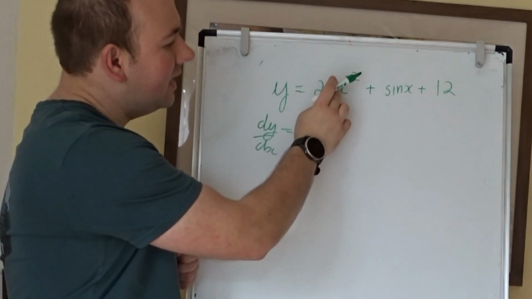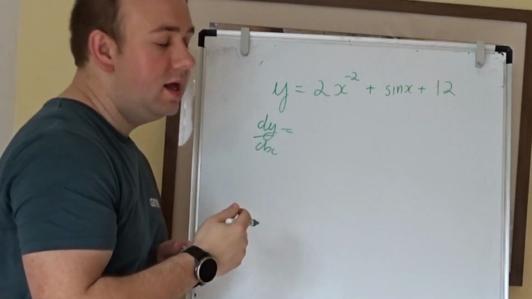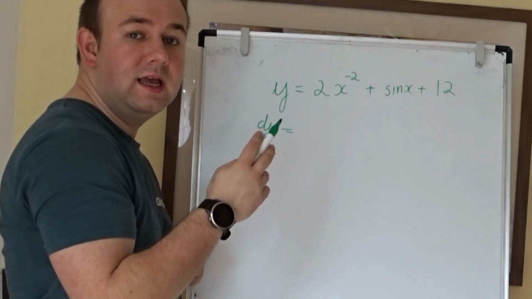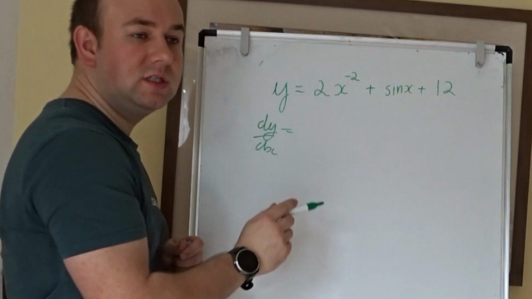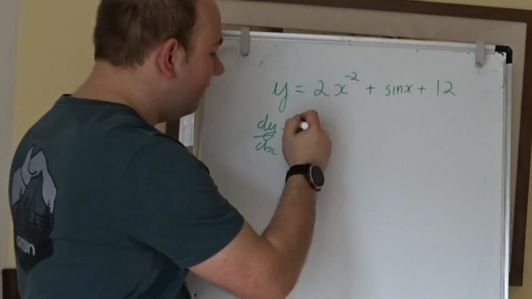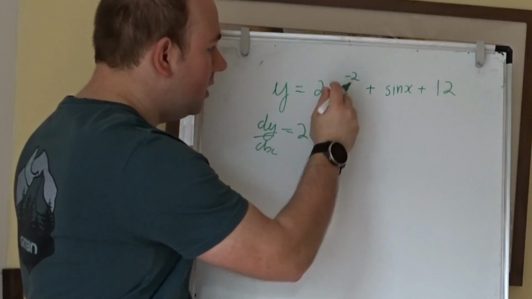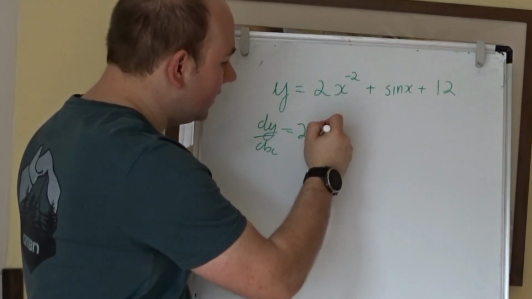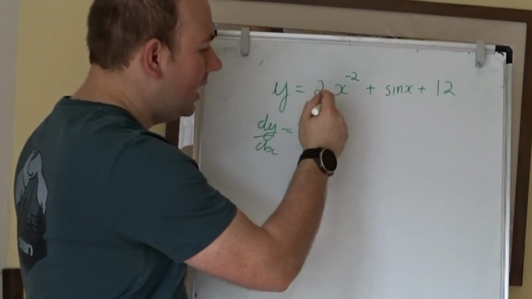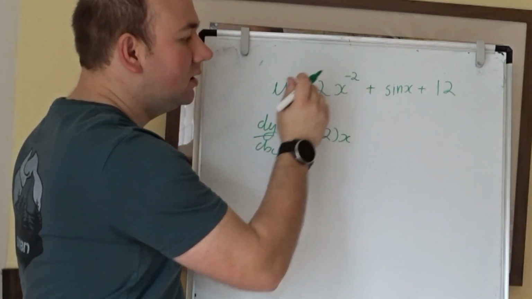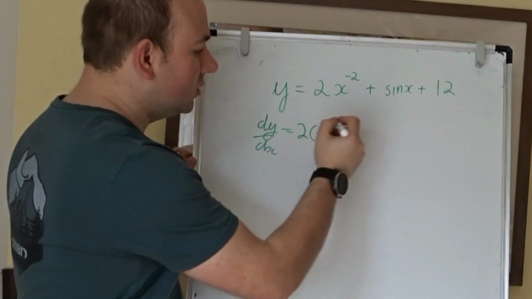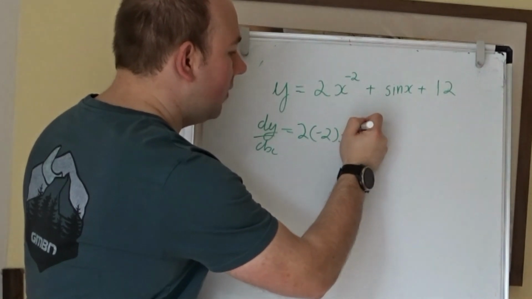We're going to take this x to the minus 2, so this follows bring the power down in front and then reduce the power by 1. So we're going to have 2, we're going to bring this minus 2 down, so that's going to go to minus 2. X stays as it is, and then we reduce the power by 1, so minus 2 minus 1 is minus 3.